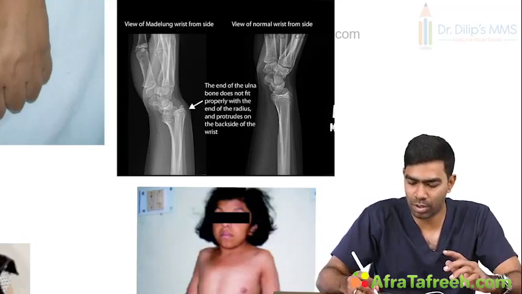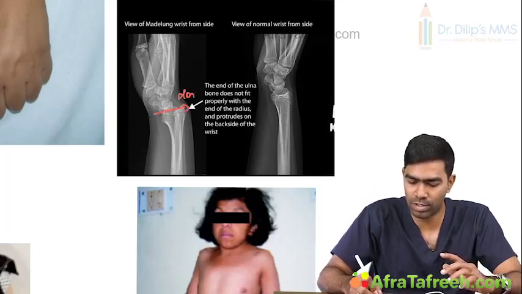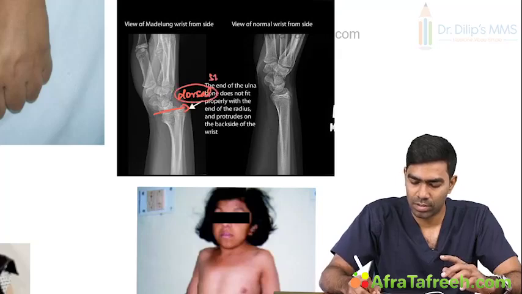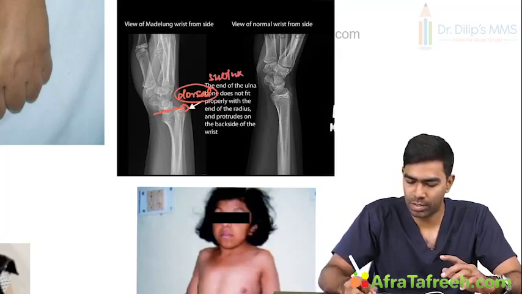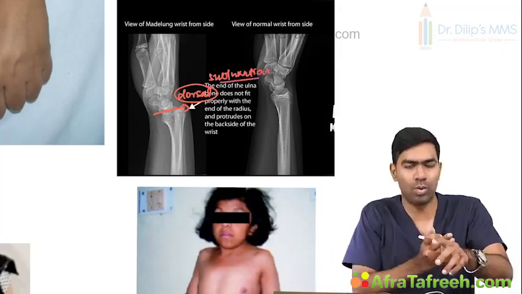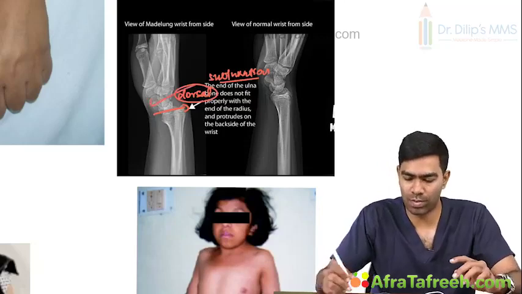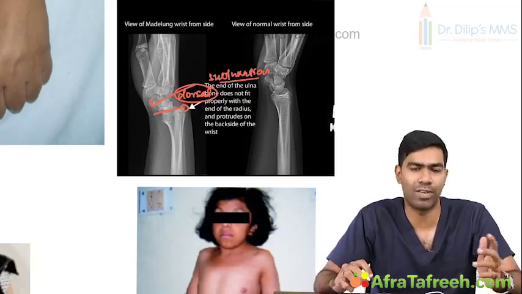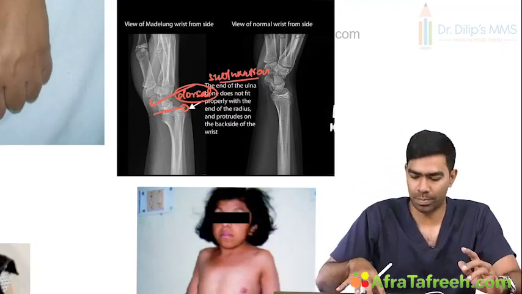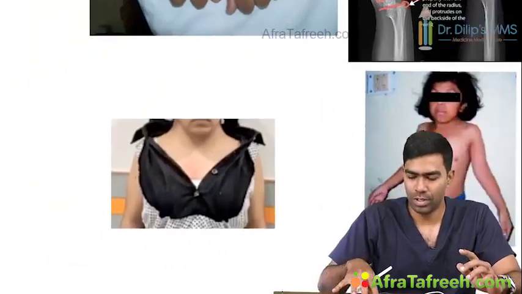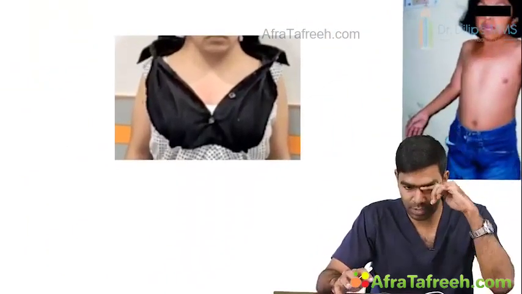This is very, very important. You can see the dorsal movement of the distal radio-ulnar joint, and the ulna may protrude a little bit dorsally. This is what we refer to as a Madelung deformity. It is due to defective development of the ulnar third of the epiphysis of the radial bone. Clear? Fine.